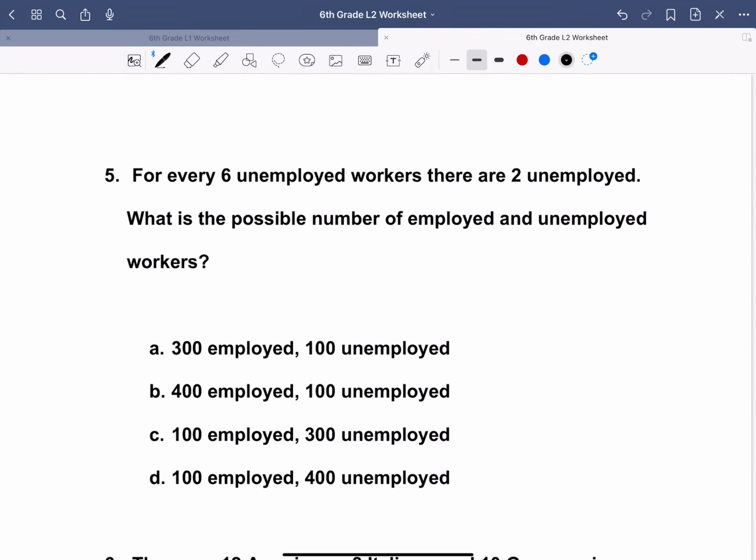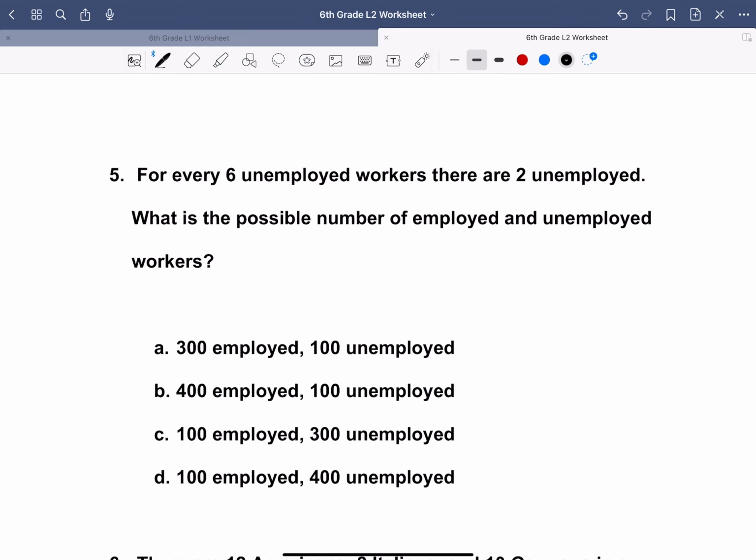Number 5. For every 6 unemployed workers, there are 2 employed. What is a possible number of employed and unemployed workers?